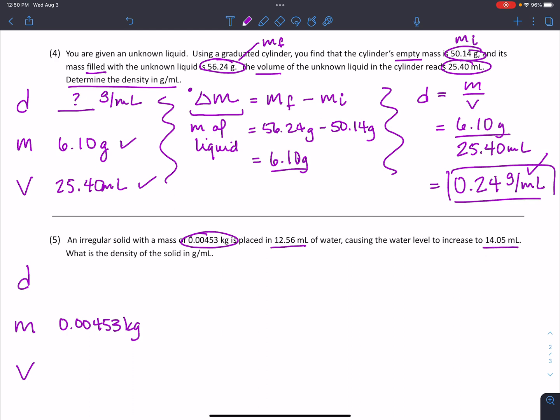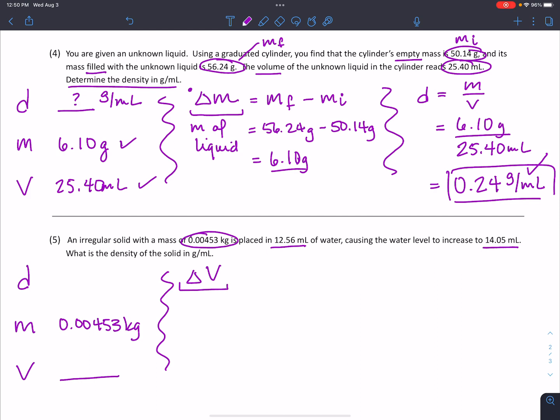We've got a volume measurement before the object goes into the water and a volume measurement after. So we're going to be using that same idea that we did above, except instead of the change in mass, this time we're looking at the change in volume. This experimental technique is called displacement, and we use it quite a bit when we have these irregularly shaped objects. If we had a cube or a rectangle, we could use a ruler to determine the dimensions and calculate volume that way. But with irregularly shaped objects, it's a little bit more difficult.